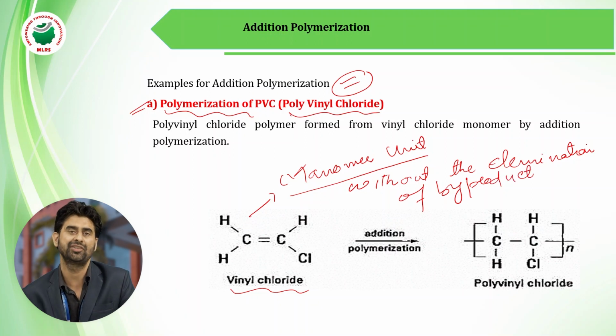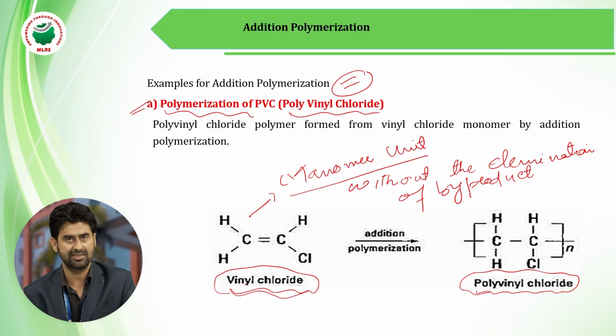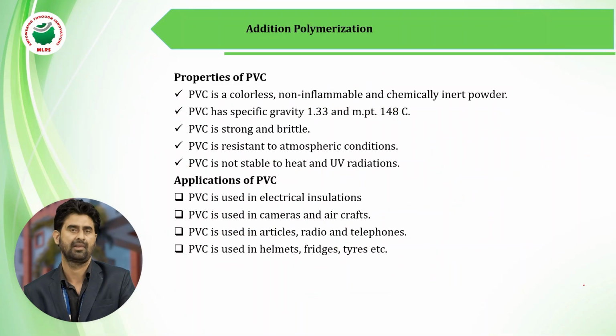It results in the formation of large macromolecules, that is polymers. It is polyvinyl chloride. Vinyl chloride monomers combine together by the process of addition polymerization and result in the formation of the polymer, polyvinyl chloride.